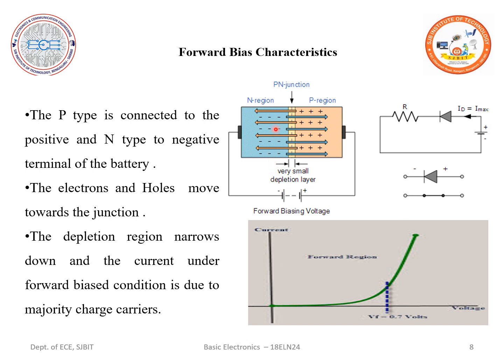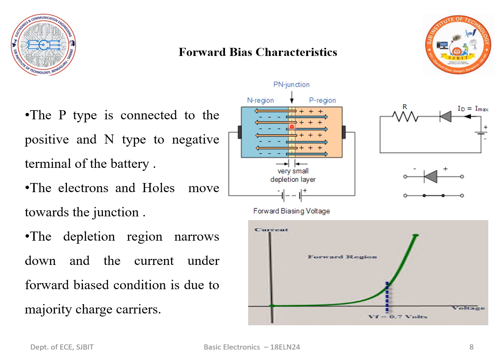We have a property that like poles repel. As a result, the electrons in the N region move away from the external bias applied and the holes in the P region move away from the external supply that is applied. As a result, the depletion region is going to narrow down.